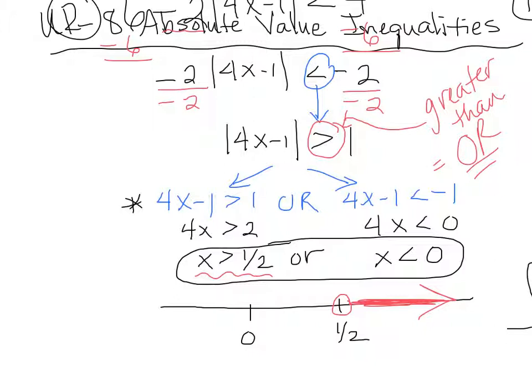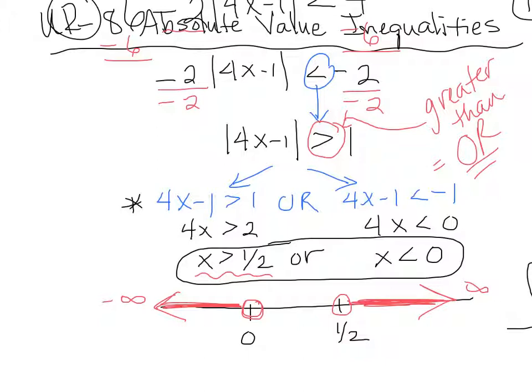Or x is less than 0, so open circle and shading less than to the left, right? These are representing going to negative infinity and to positive infinity. But that would be the visual representation of all those x values that are the solutions. Notice that these 2 intervals do not overlap, but that's okay when it's an OR graph.